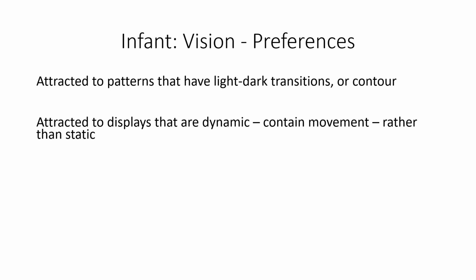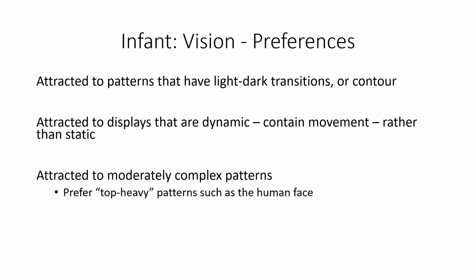So that Playmobil I was talking about earlier, this is where the Playmobil should be something that moves, has big light-dark transitions, and is something that's about 8 inches away. If you want them to be able to touch it, it needs to be a little bit closer. If you want them to not be able to touch it, it needs to be a little bit farther away. And babies are actually attracted to top-heavy patterns such as the human face.